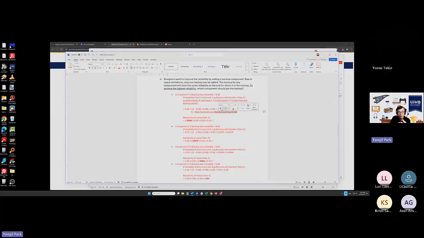We take the calculation we got, then multiply by the other components, which have no backup, and see how much you get. You compare this amount, then you go for the highest reliability.